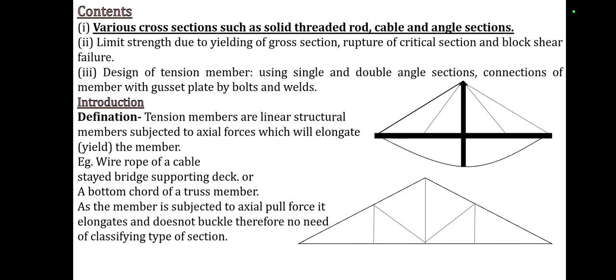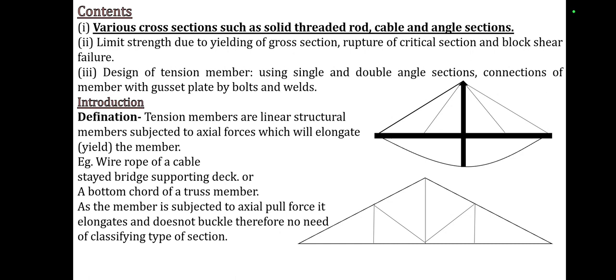As the member is subject to axial pull, it elongates and does not buckle. Therefore, we need not classify the type of section in the case of a tension member. At the very first, we must know which cross sections are utilized for designing the tension member.